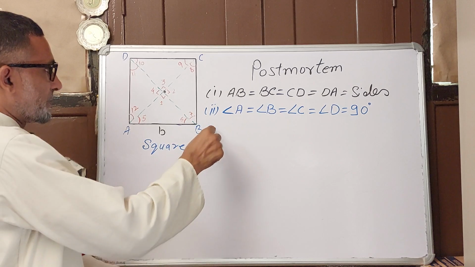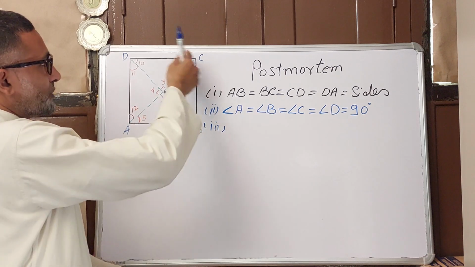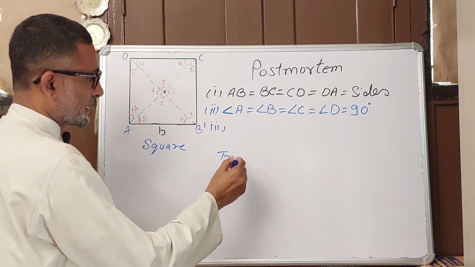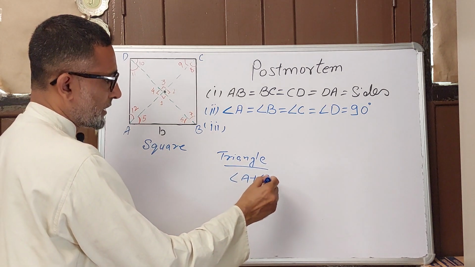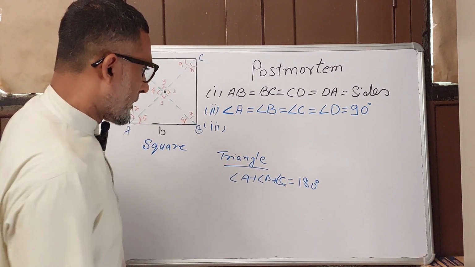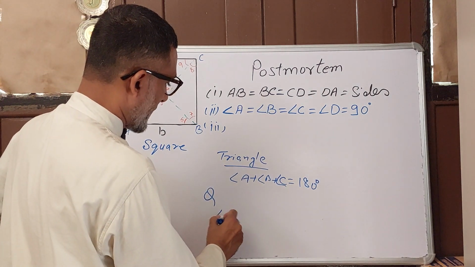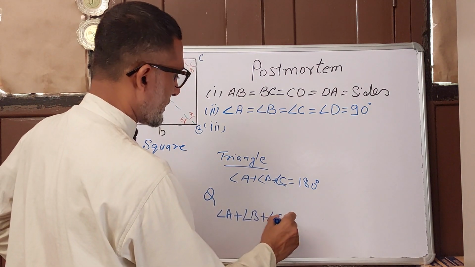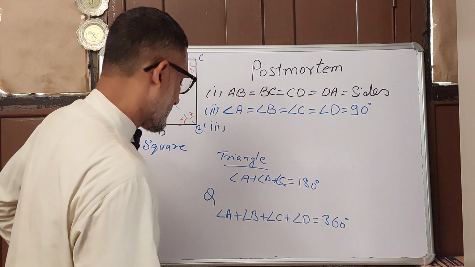As you simply see, the other thing is, and you already know that in any quadrilateral, just like in a triangle, where we know angle A plus angle B plus angle C is equal to 180 degrees, here also in a quadrilateral, angle A plus angle B plus angle C plus angle D is always equal to 360 degrees.